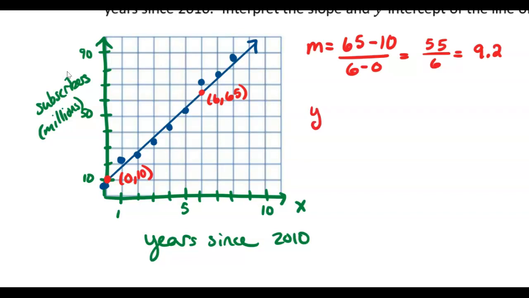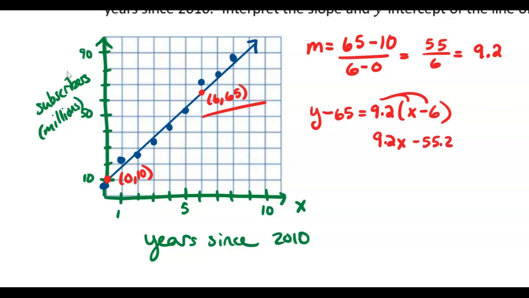Then I'm going to do y minus, I'm going to use this point right here. I'm going to use y minus 65 equals 9.2 times x minus 6. I distribute the slope. We learned how to do this earlier in this chapter. 9.2 times negative 6 is negative 55.2. And then I'm going to add the 65 over.